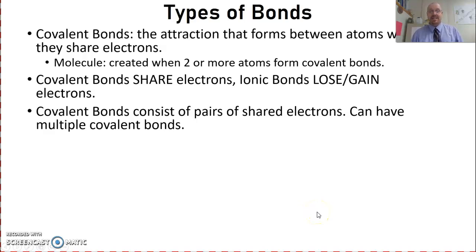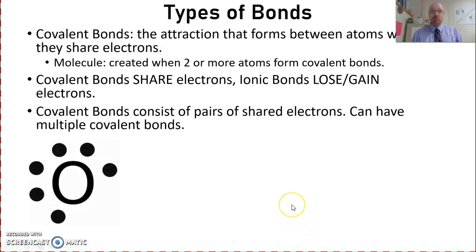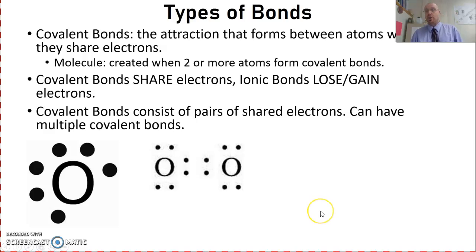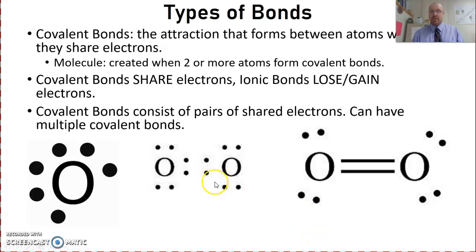A covalent bond consists of pairs of shared electrons, and you can have multiple covalent bonds. For instance, oxygen. Oxygen usually doesn't exist out in the universe by itself. It's usually joined with another atom of oxygen, called O2. So oxygen as a gas is O2. And so what happens is it shares a covalent bond between not just one set of electrons, but two sets of electrons.